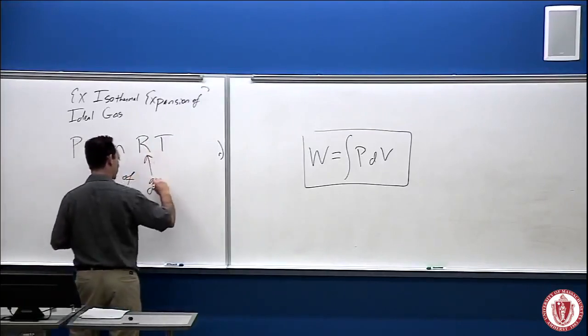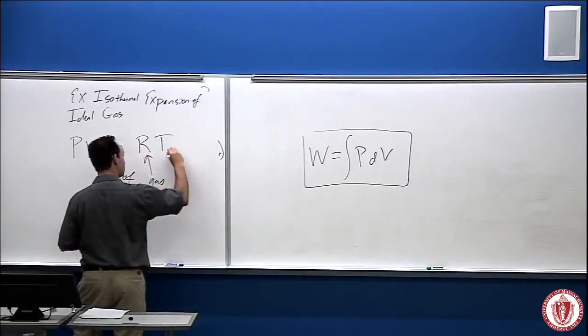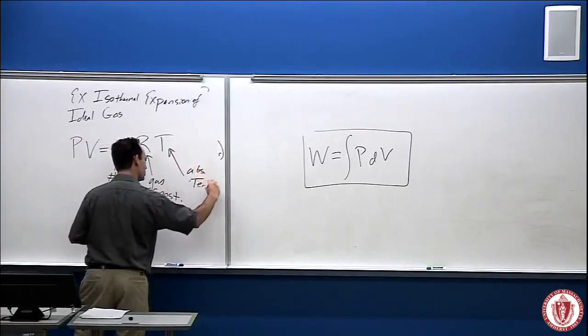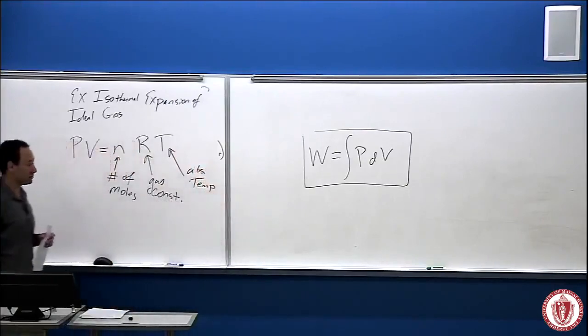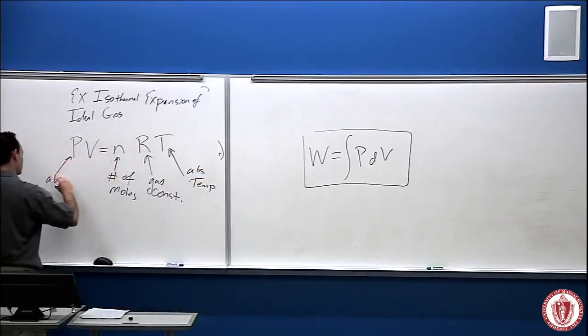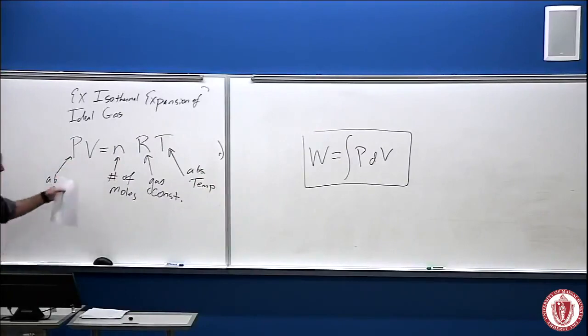R is the universal gas constant. T is absolute temperature. Right, so it's got to be Kelvin, not centigrade. This is absolute pressure. Cannot use gauge pressure here. And V is the volume.